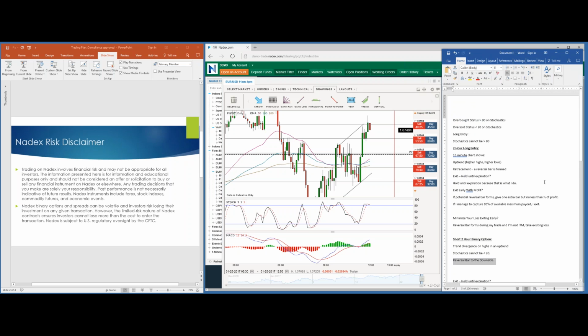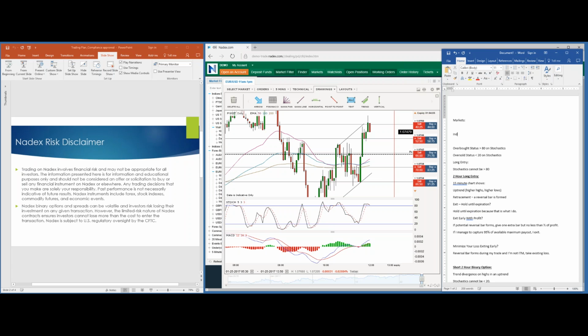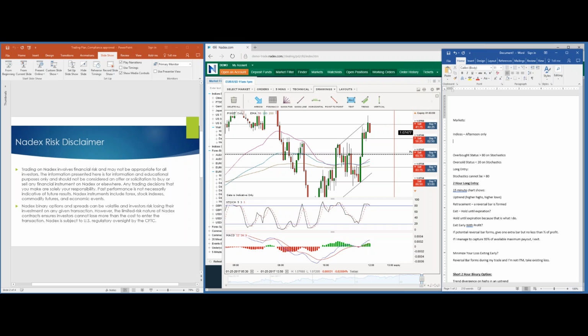Now, the other things that I add to my trading plan is markets, okay? And the hours that I'll trade those particular markets. For example, on the indices, I actually prefer to trade the indices in the afternoon. In forex, I love trading Asia.